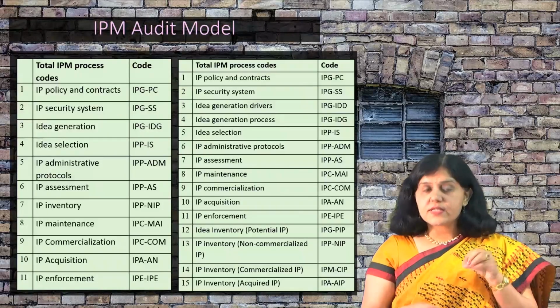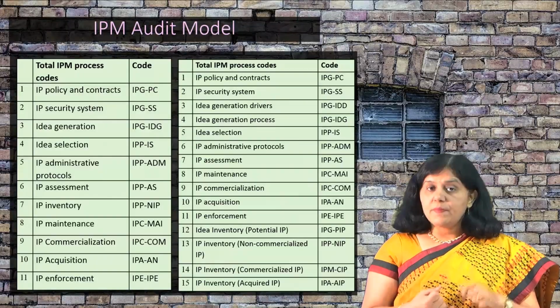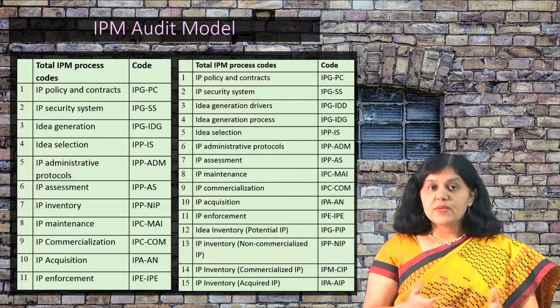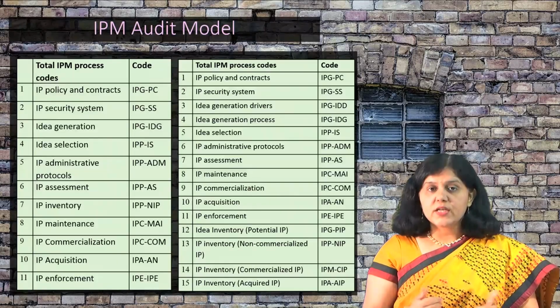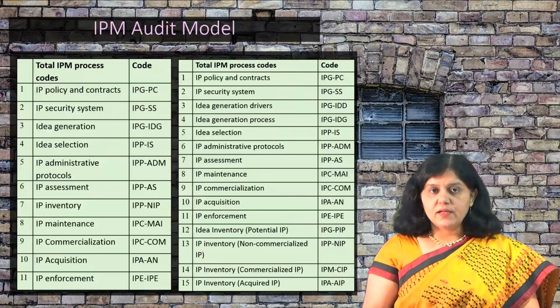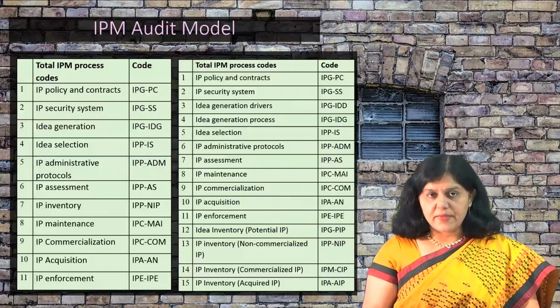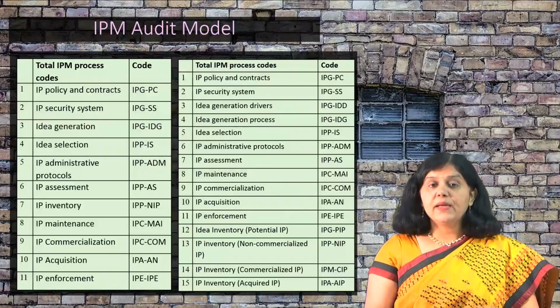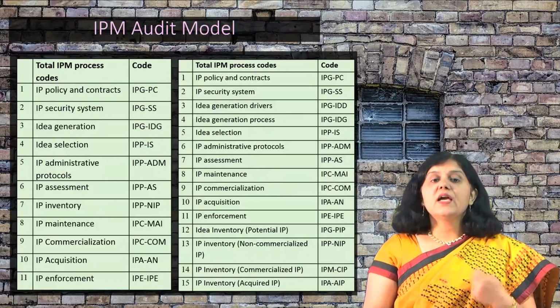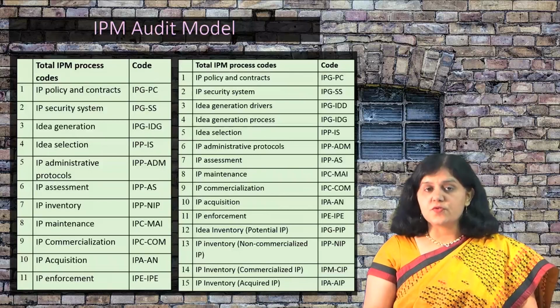Which were those first 11 codes? IP policy and contracts, IP security system, idea generation, idea selection, IP administrative protocols, IP assessment, IP inventory, IP maintenance, IP commercialization, IP acquisition, and then IP enforcement.